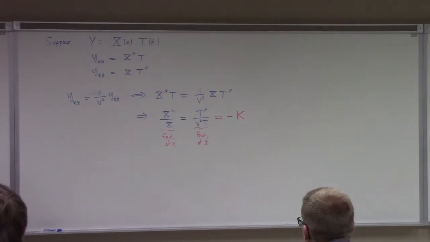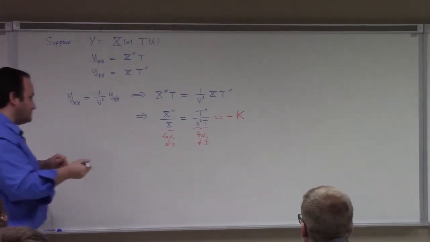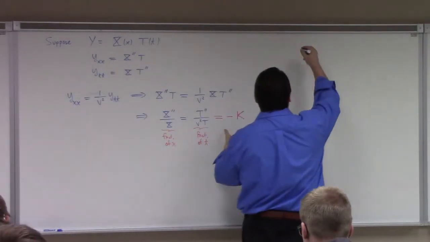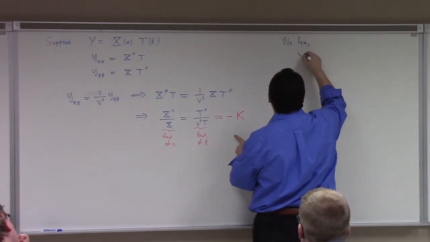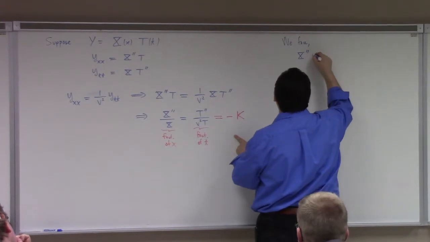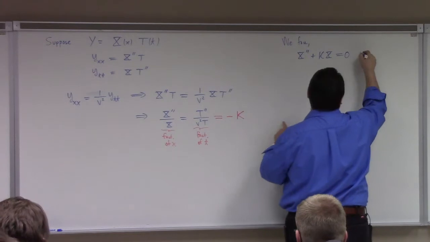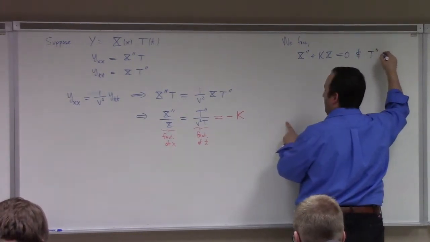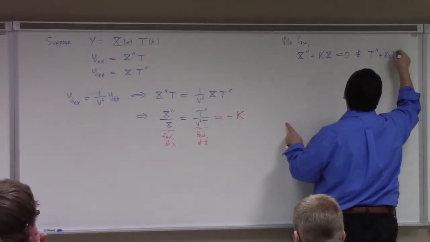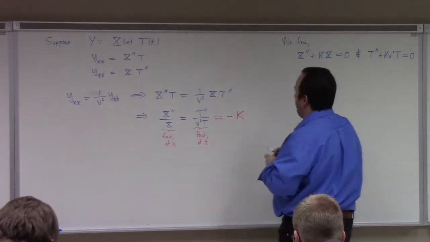The reason for doing that is, again, to link with the propositions that I went through last time. So with that, putting that equal to minus k, we face x prime prime plus kx equals 0, and t prime prime plus kv squared t equals 0, right?